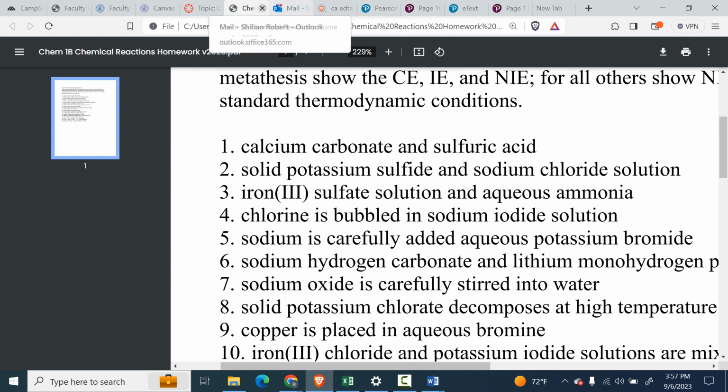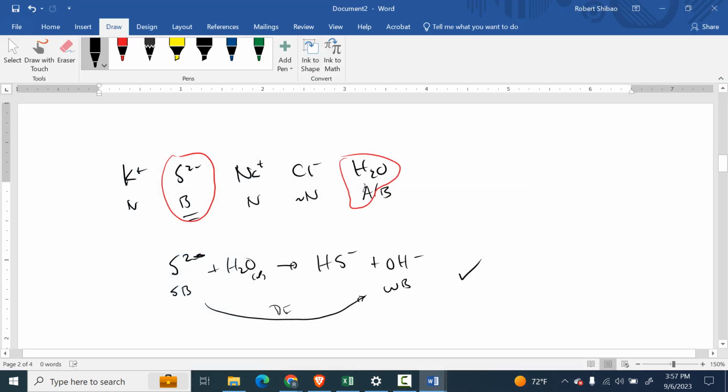Now where I put my redox chart. Sodium ions are also on the chart. These are extremely weak oxidizers. Potassium ions, sodium ions. Chloride is a very weak reducer. Water is an acid and base. Sulfide is kind of electron rich.